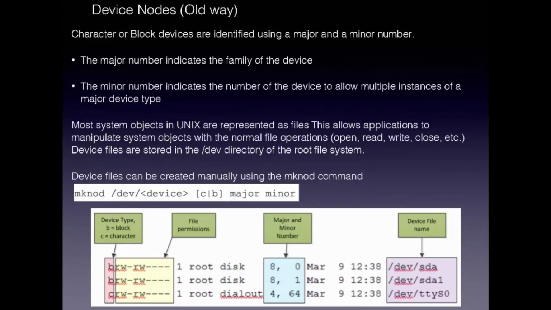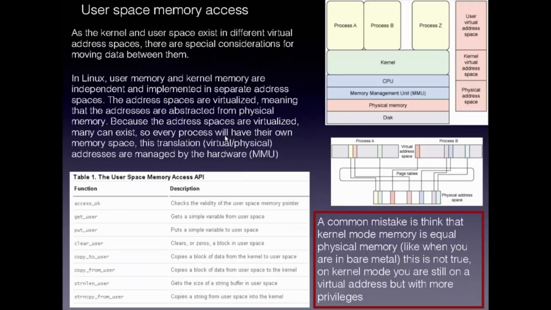Okay, next slide. User space memory access. As the kernel and the user space exist in different virtual address spaces, there are special considerations while moving data between them. So what are virtual addresses and what are physical addresses? Physical addresses are what we have used up to now.